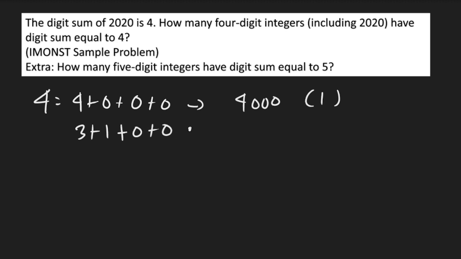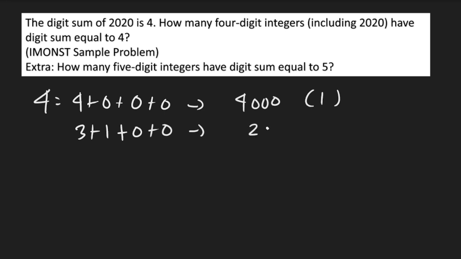So from here, since we have 3 plus 1 plus 0 plus 0, we can see that for the first digit, we cannot put 0 in front. It's a limitation. So we have two choices between 3 and 1.